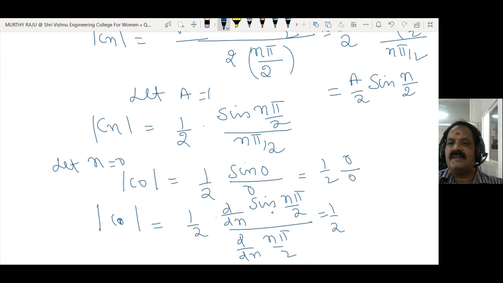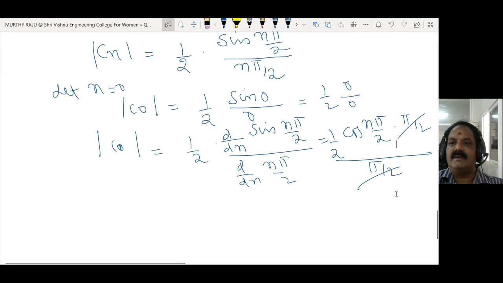That is equal to 1 by 2, the differentiation of sin n pi by 2 is cos n pi by 2. Differentiation of n pi by 2 is pi by 2. Pi by 2 is cancelled. Substitute n is equal to 0. Therefore, the C naught value is 1 by 2 cos 0, that is 1 by 2.